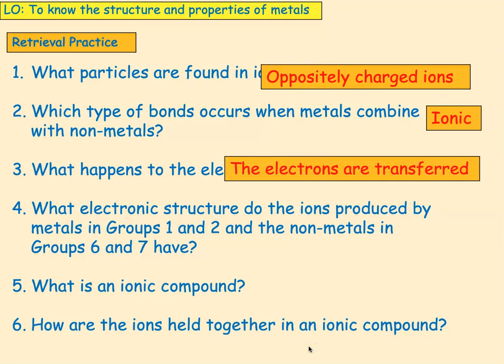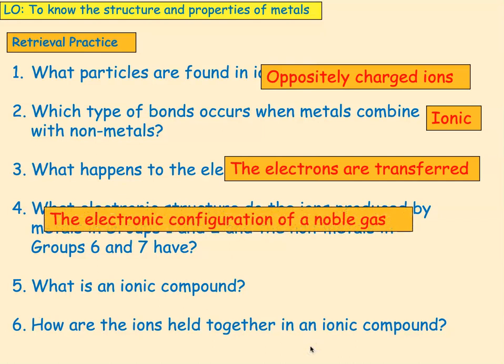The electrons are transferred from the metal to the non-metal. What electronic structure do the ions produced by metals in group 1 and 2 and the non-metals in group 6 and 7 have? They have the electronic configuration of a noble gas, that is, a full outer shell of electrons.